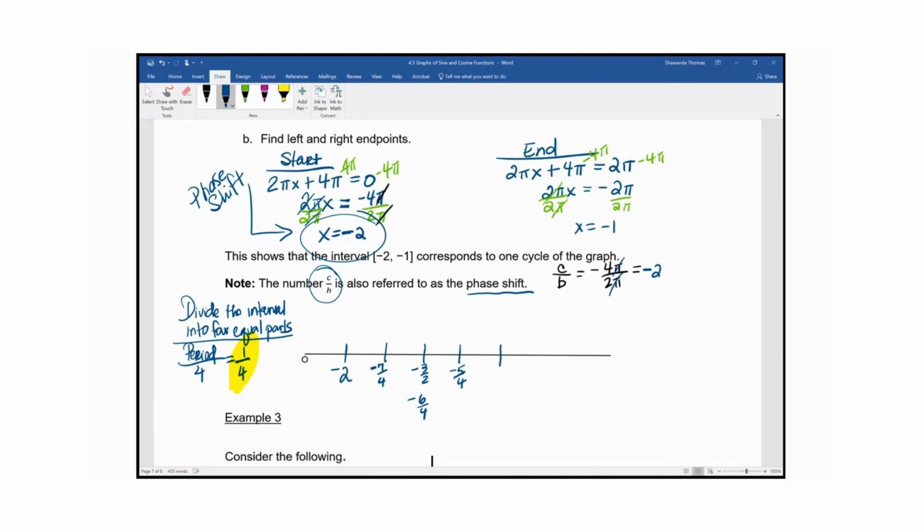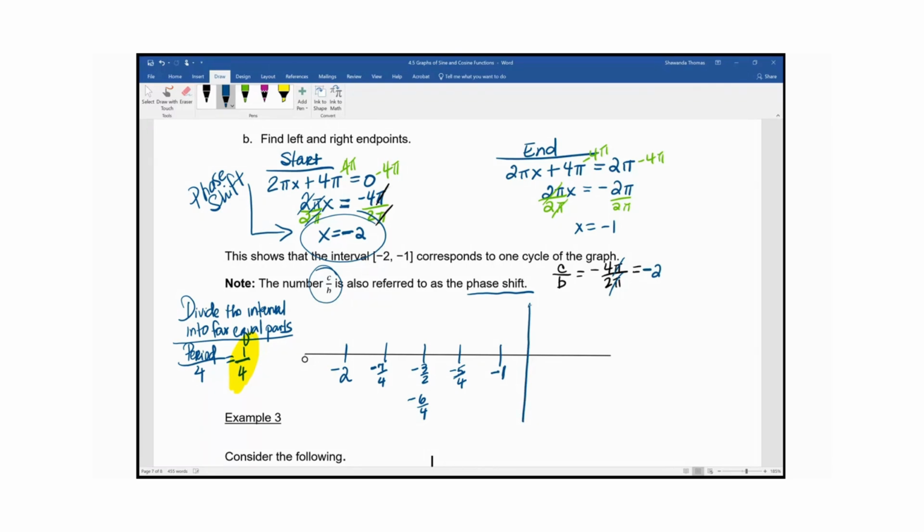Does it work if we add 1/4 to -5/4? Yes, right? -5/4 plus 1/4 is -4/4, which is -1. Okay. So notice we're all the way to the left.